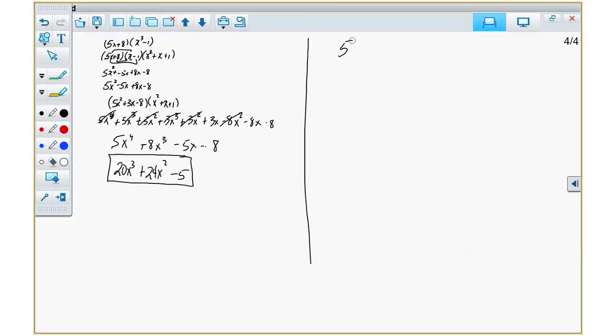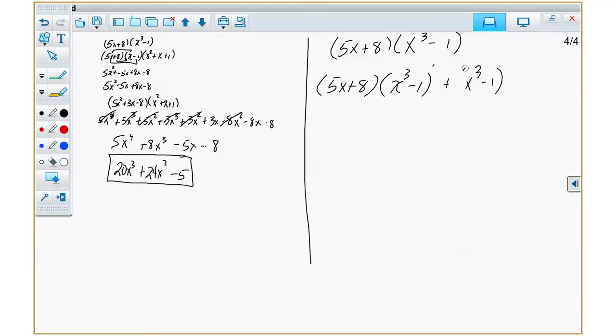And 5x plus 8 times x cubed plus 1 first times the derivative of the second, x cubed minus 1 prime, plus the second times the derivative of the first.